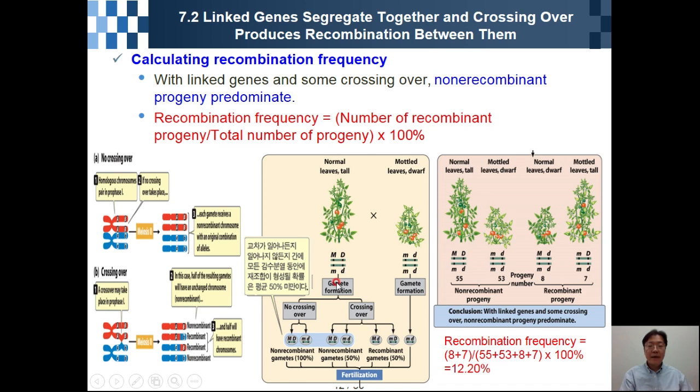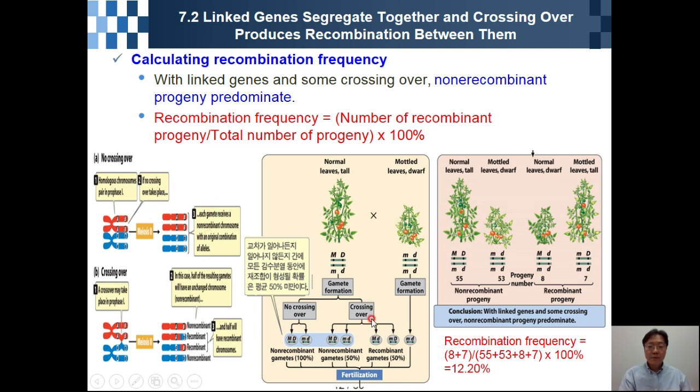When they make gametes, if there is no crossing over, we will have 50% large M, large D, and 50% small m and small d like this.